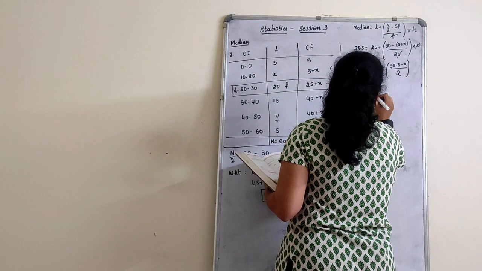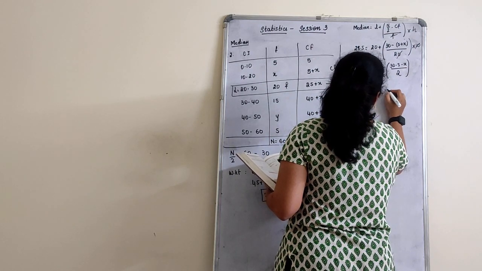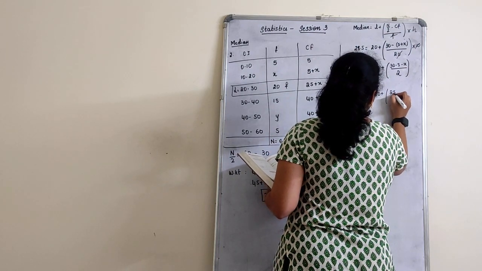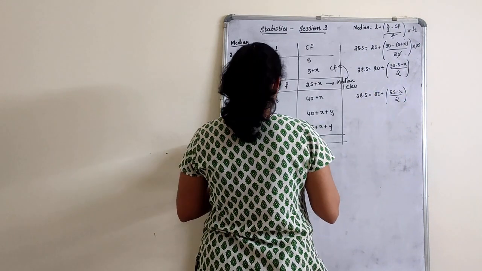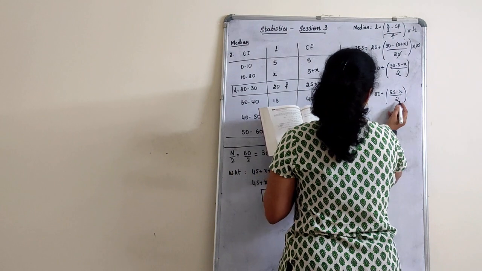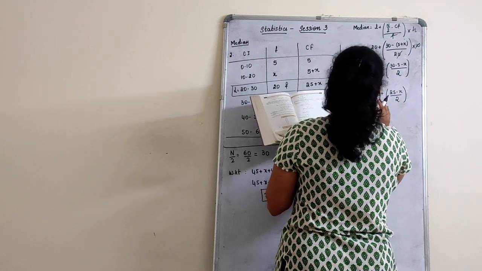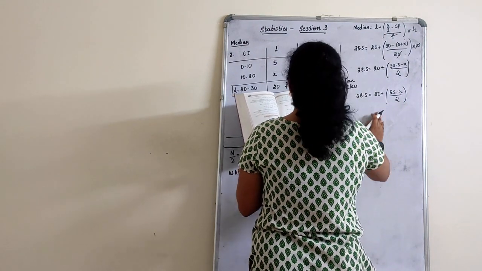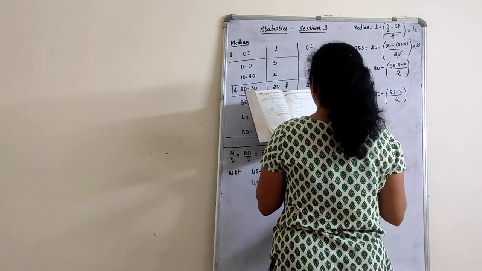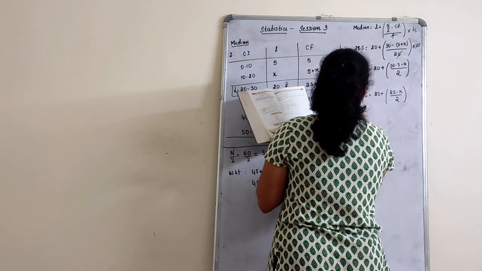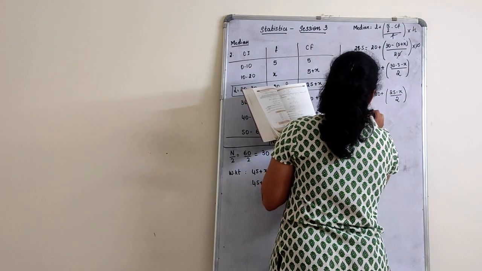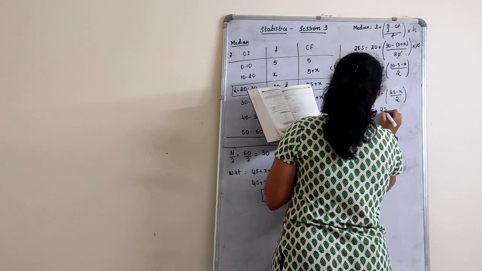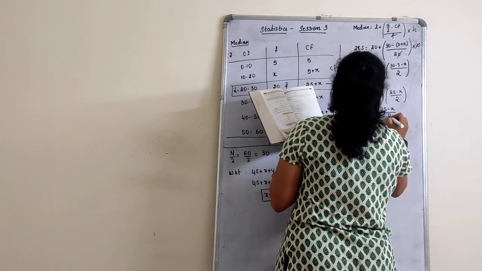28.5 is equal to 20 plus (25 minus x) divided by 2. Okay. So what we will do now is, keeping 25 minus x as it is, 28.5 minus 20 is equal to (25 minus x) divided by 2.